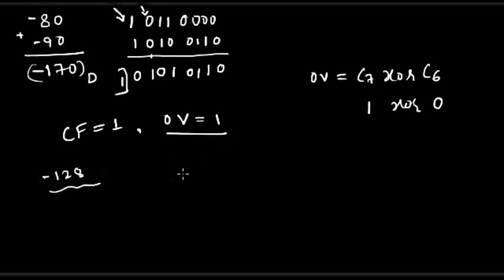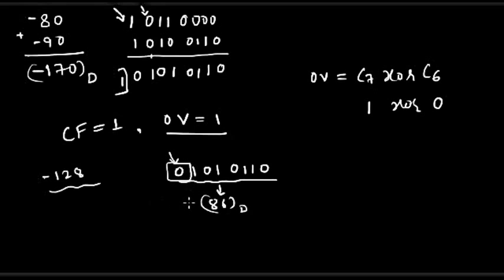We'll consider the magnitude again, which is 0, 1, 0, 1, 0, 1, 1, 0. This is the result. If we calculate the magnitude of this, which is nothing but 86 in decimal, this doesn't seem the right answer. As the overflow flag is set to 1, if we complement the signed bit, we will see what we're going to get.